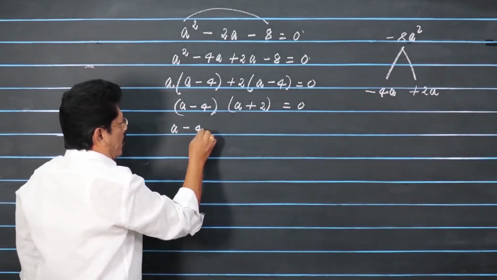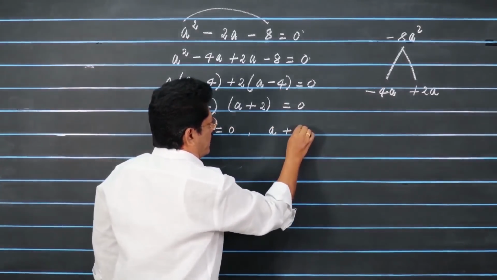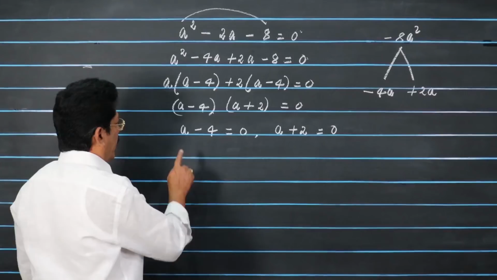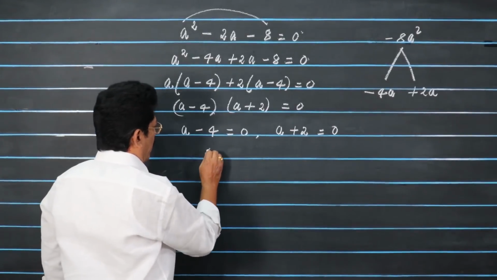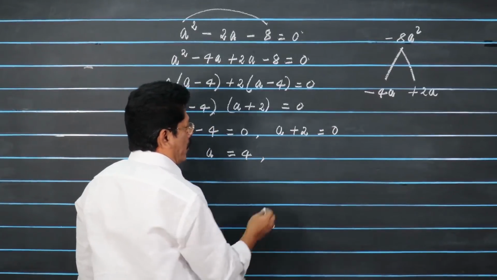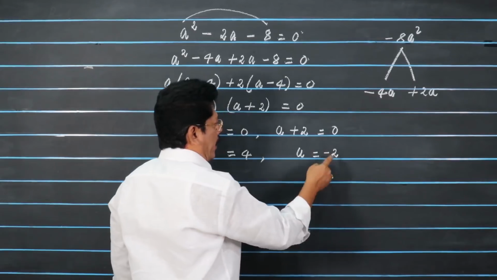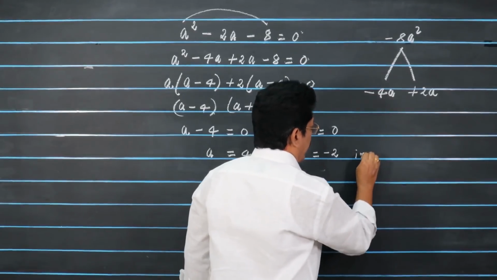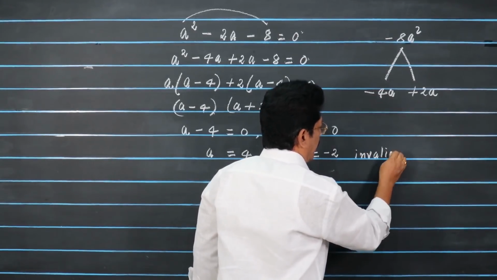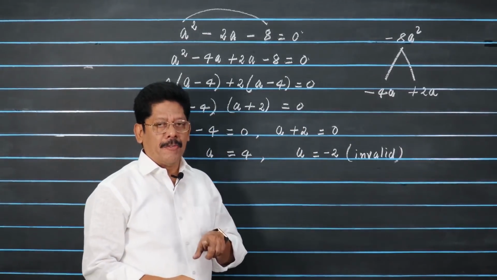A minus 4 is equal to 0, a plus 2 is equal to 0. A minus 4 is equal to 0, therefore a is equal to 4. A plus 2 is equal to 0, a is equal to minus 2. A is equal to minus 2 is invalid because the value of a cannot be negative.